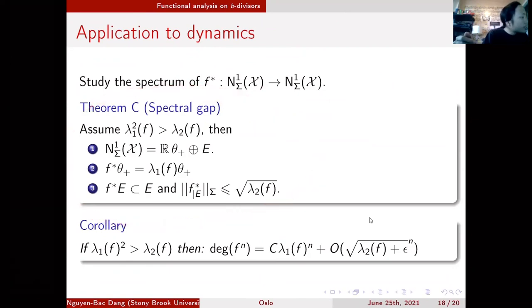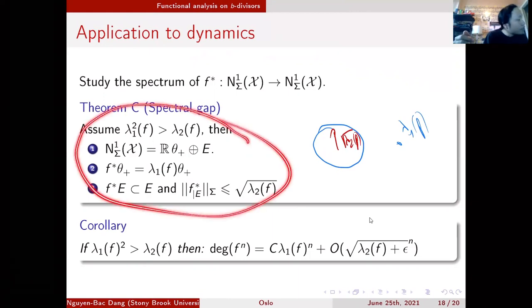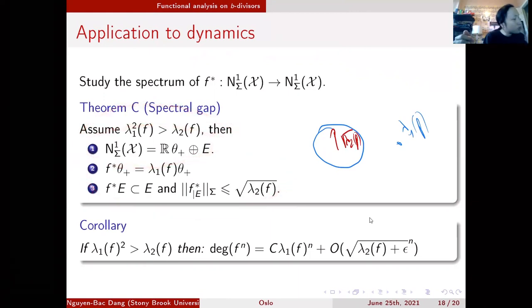It's exactly the picture that I drew before: you look at the spectrum and there's lambda1 of f here, and the other eigenvalues of the spectrum of f are contained in the disk of radius square root of lambda2 of f. And you get a decomposition of the Banach space into two terms, a complement and a space of dimension 1.